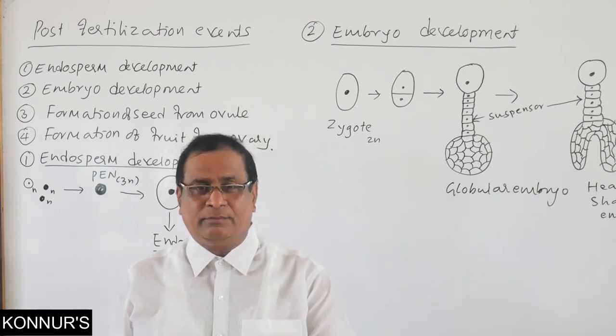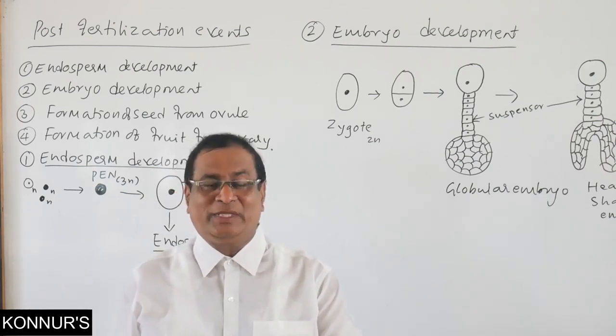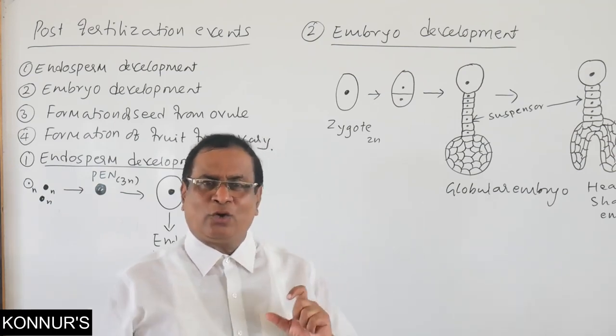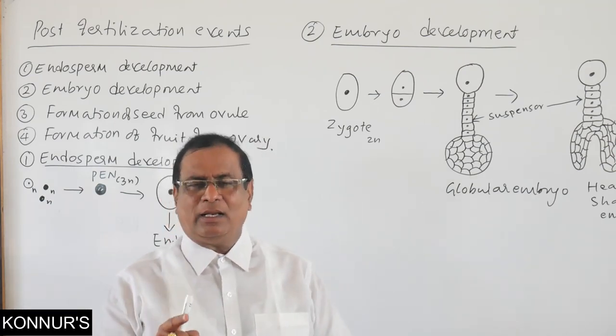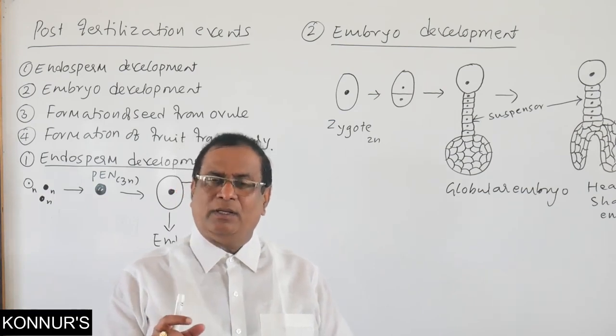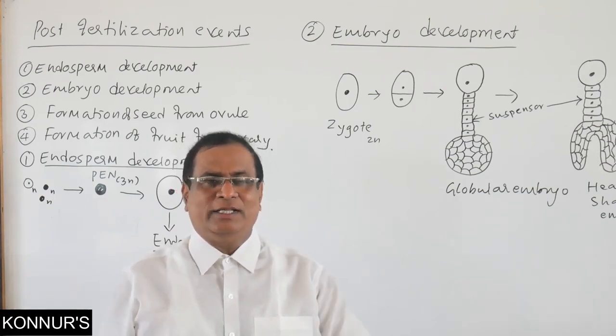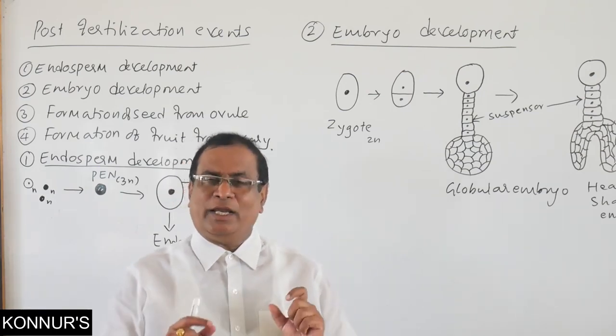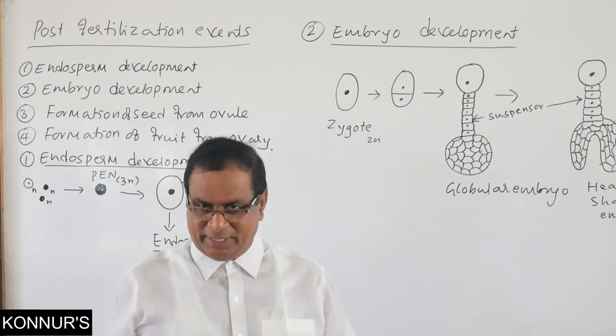Because endosperm is a triploid tissue, a nourishing tissue. It provides food to the growing embryo. Until endosperm formation starts, there will be no embryogeny, meaning embryo development won't take place.